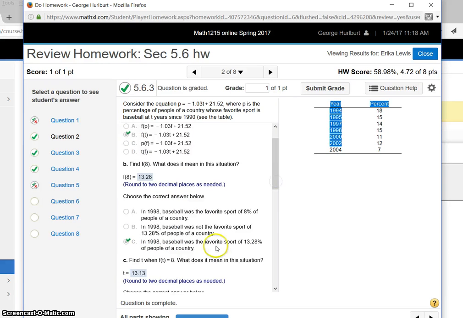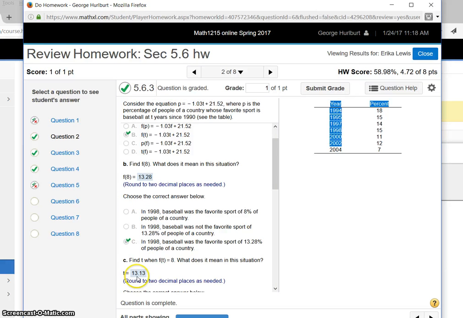All right, now part C, find when f of t equals 8. Now we're plugging 8 in on this side. So we're going to plug in 8 in for that whole symbol. So 8, you can think of 8 as being a percent. So you plug 8 in right there, and you solve that equation. You've got to do a couple steps. Subtract the 21.52, divide by that thing.